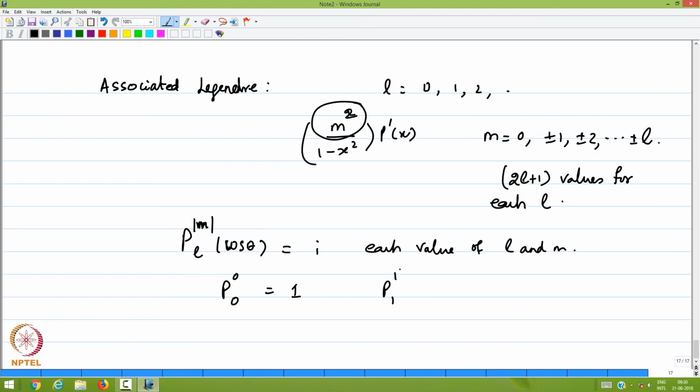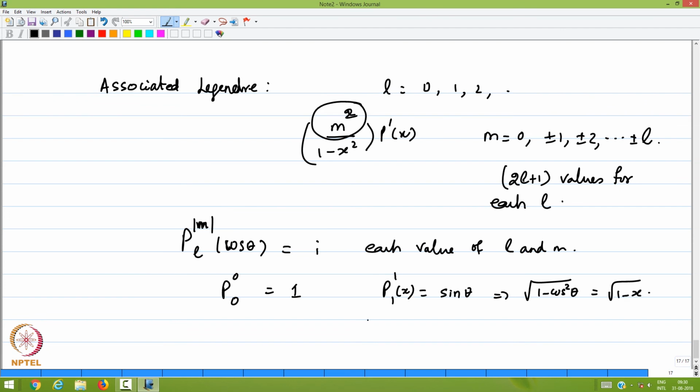of 1 is in our form of x if you were to write, but now we are writing it in the form of theta, it will be sin theta, which is square root of 1 minus cos square theta, or square root of 1 minus x square if you have to write this in the form of x.